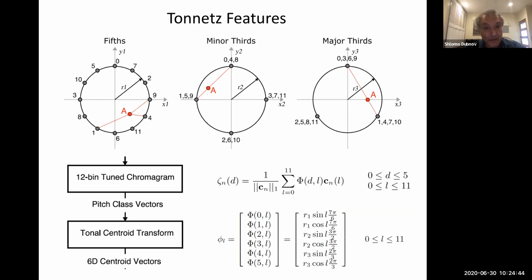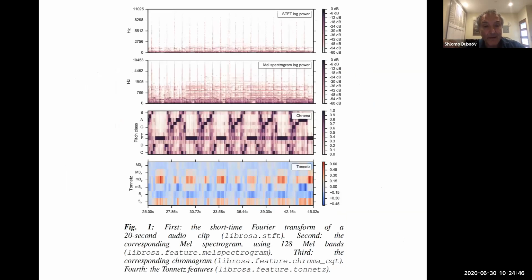So again, a lot of music theory here, and this is why I'm a little hesitant to go too deep into justifying the musical reasoning behind this, which relates to these fifths, minor thirds, and major thirds representations.